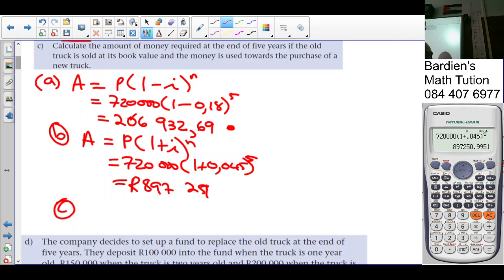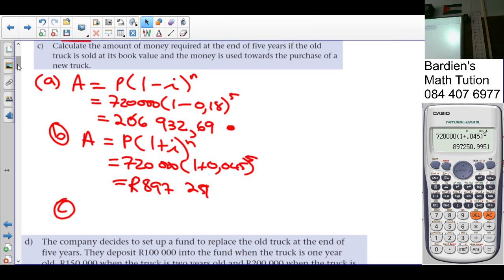So calculate the amount of money required at the end of 5 years if the old truck is sold at its book value and the money is used towards purchasing a new truck. So in other words, we need to work out the shortfall that is needed in 5 years' time to replace this truck. Okay, you see what happens in business, right?